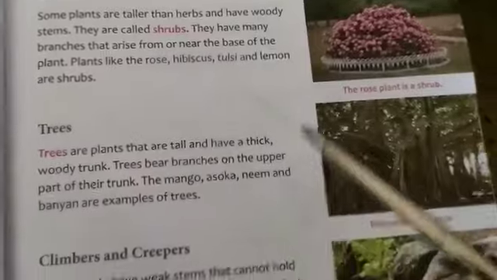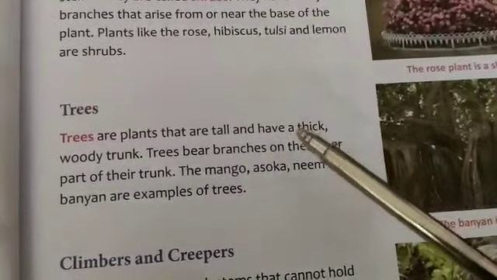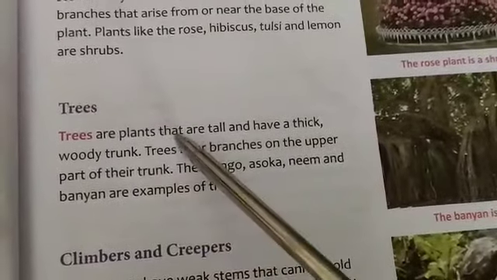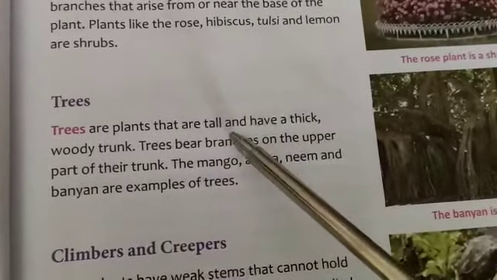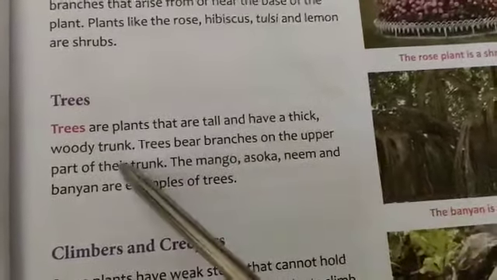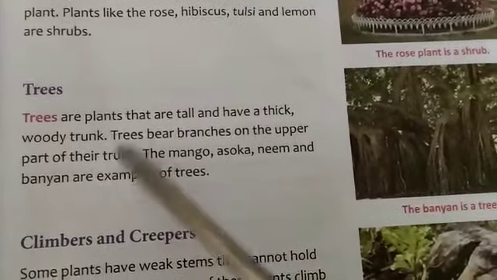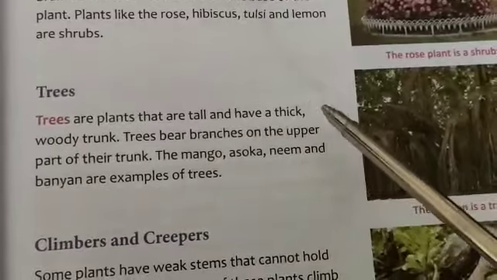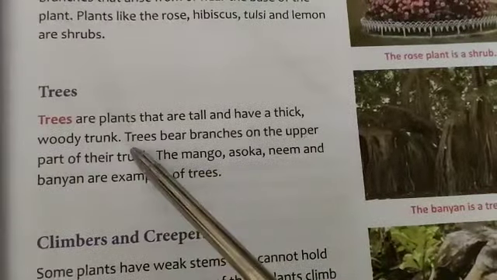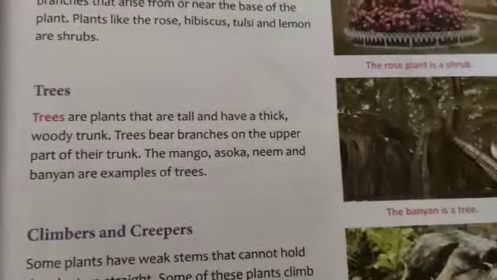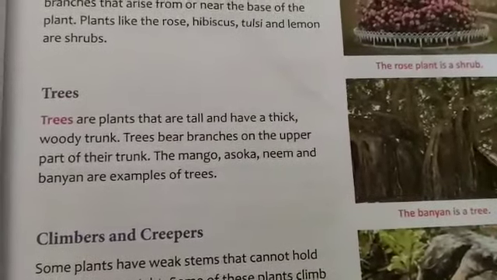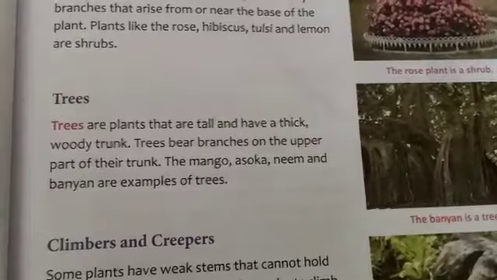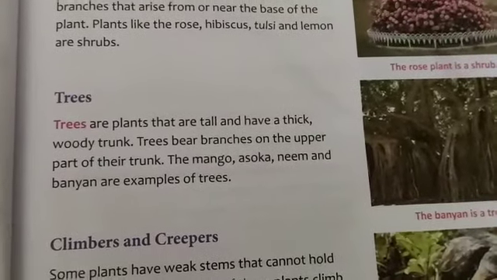Then trees. Students, you must have seen trees all around. What are trees? Trees are plants that are tall and have a thick woody trunk. What is the characteristic of a tree? They are tall, they have a thick woody trunk. They have a big trunk around them. The big stem, which is woody, that is called the trunk.